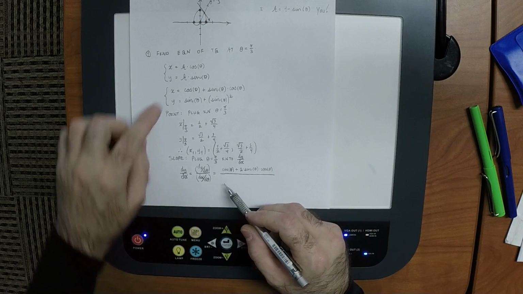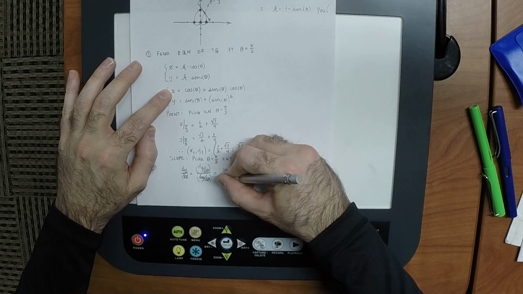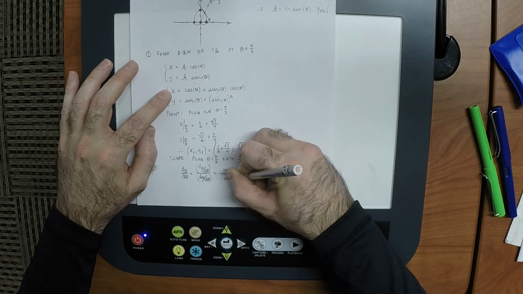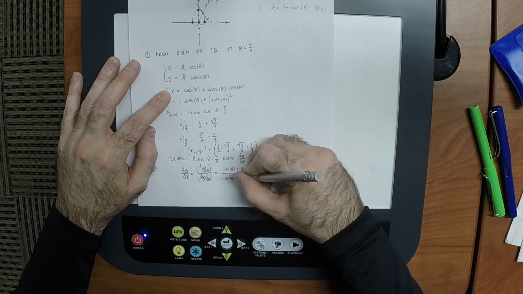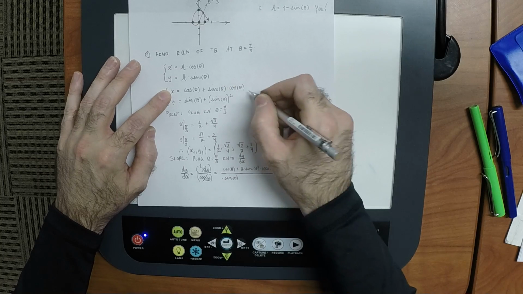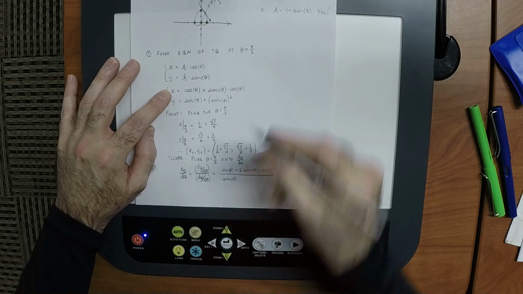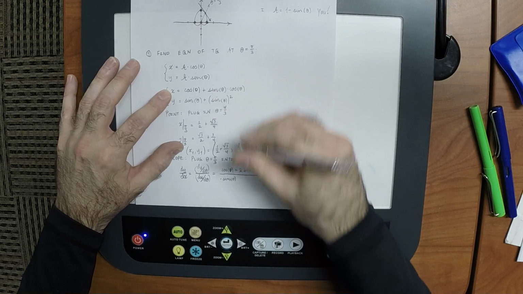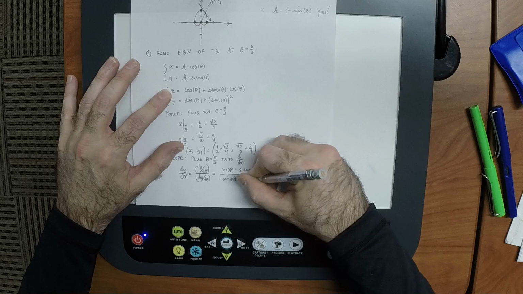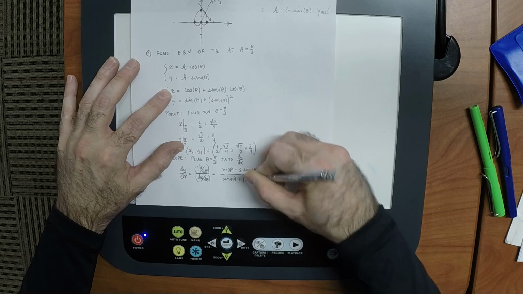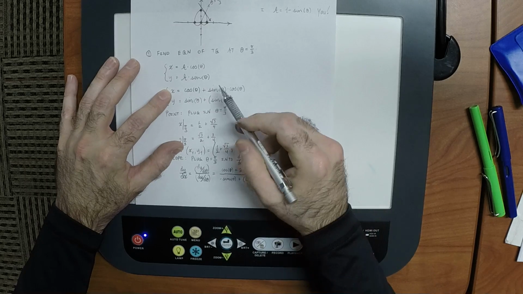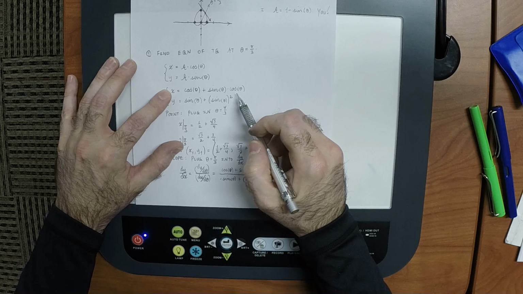Similarly, dx d theta, this would be negative sine theta, and then now I needed to do that with, I guess, the product rule. So the derivative of the first one times the second, so that would be plus cos theta squared, because that's derivative of sine and then multiplied by cosine.